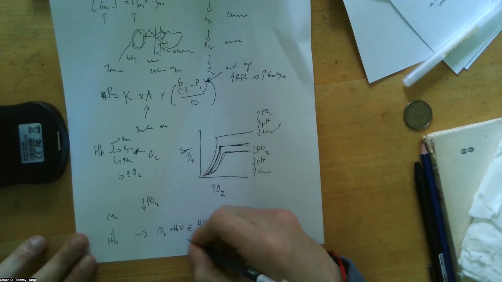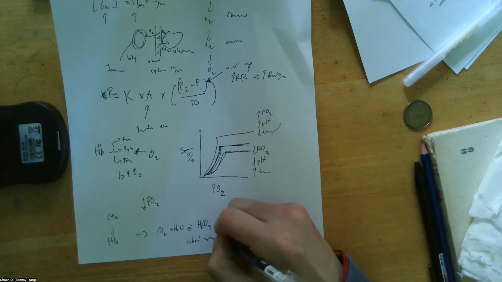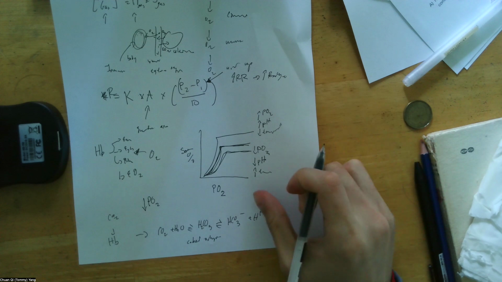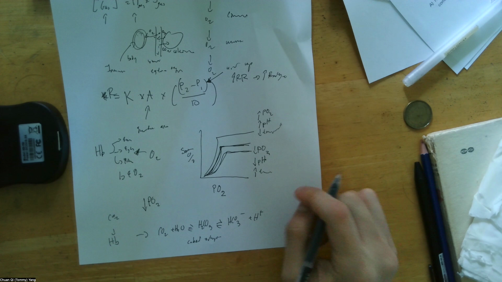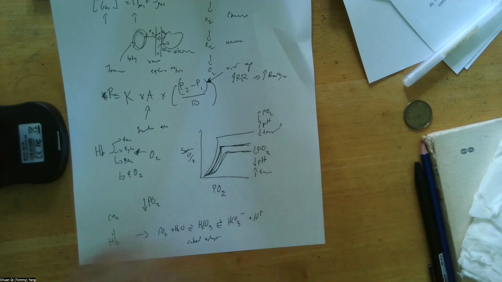This is converted via carbonic anhydrase, and it's reversible. The H ions formed by carbonic acid can also be transported bound to hemoglobin. This buffers the solution against changes in pH and favors offloading.